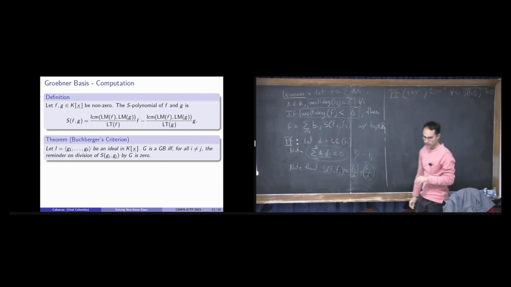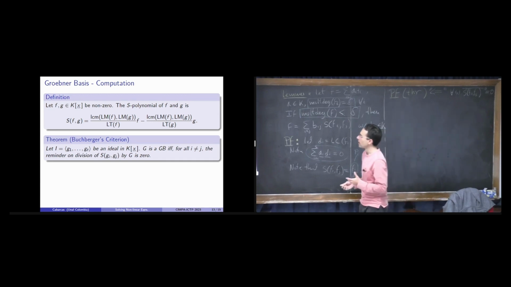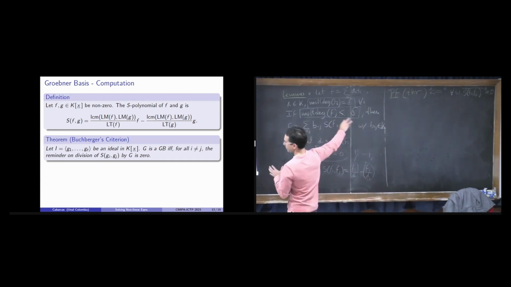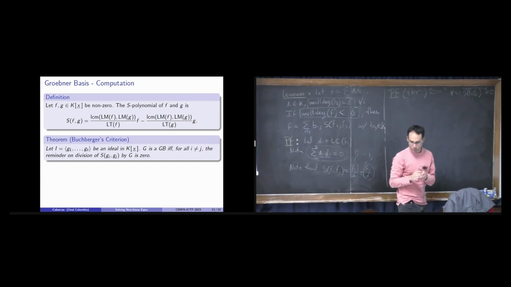All of them go to 0. And we want to show that under that condition, G is a Groebner basis. Remember that for a Groebner basis, we're going to use the definition, that all the leading terms generate the leading terms of the whole ideal.